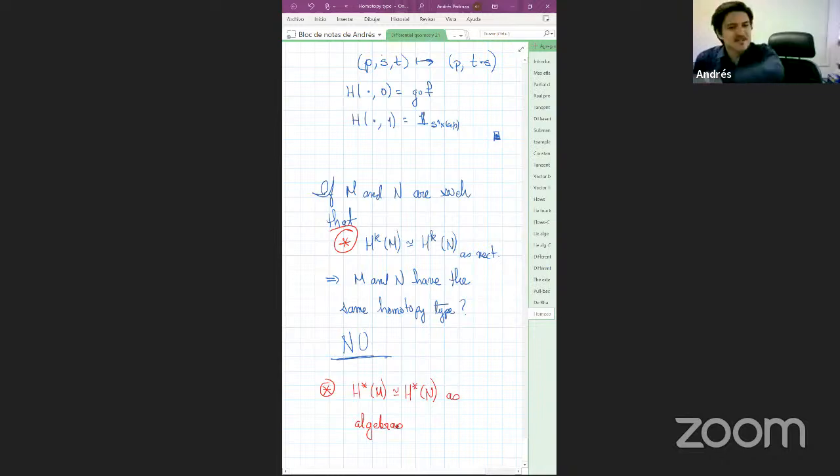If you say the answer for this is no, maybe I will need a stronger assumption. That stronger assumption can be that I don't want only that the vector spaces are isomorphic in each degree, but I want the whole algebraic structure of the cohomology to be equal, right? That will also be something different. And the answer is still no, even with this stronger assumption.